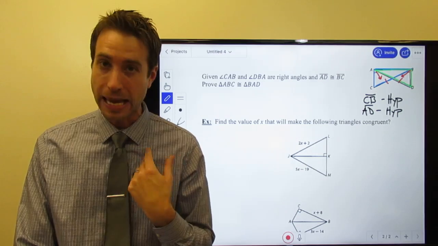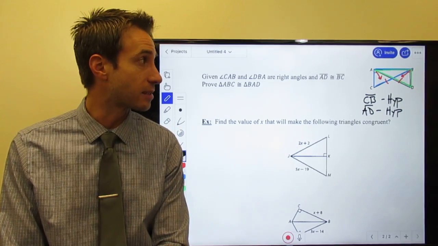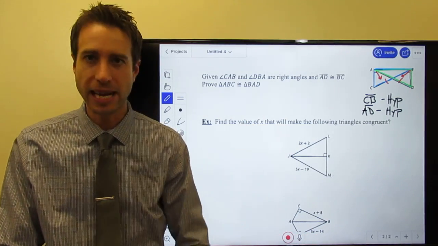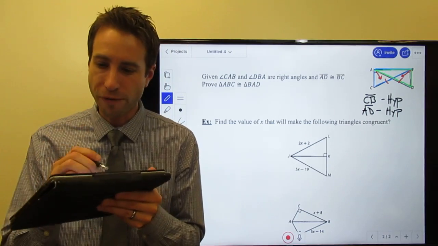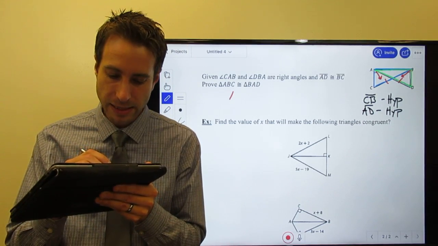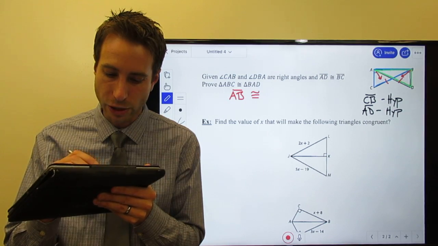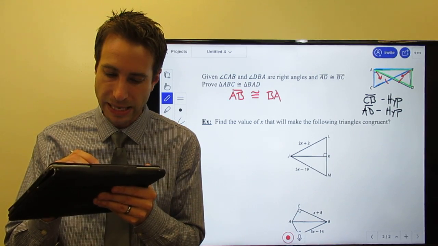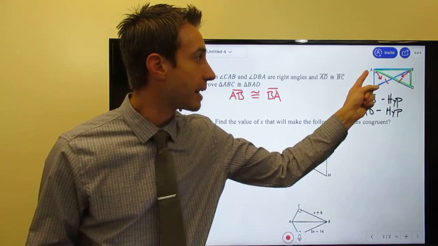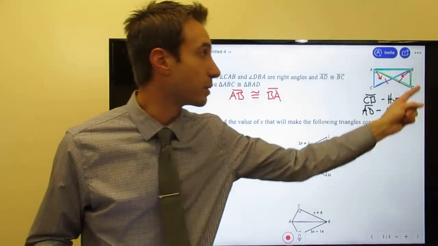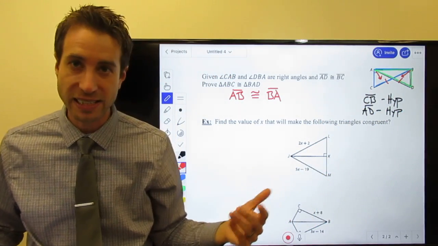So I need a pair of corresponding legs. Fortunately, the diagram gives it to me. The reflexive property: side AB must be congruent to side BA. That's the reflexive property.